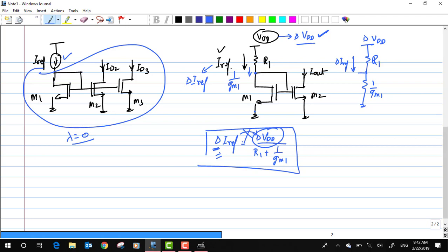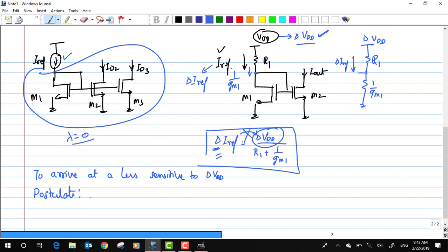Okay, so now we will try to postulate something. To arrive at a circuit that is less sensitive to the change in my VDD, I'm just going to postulate some rule.